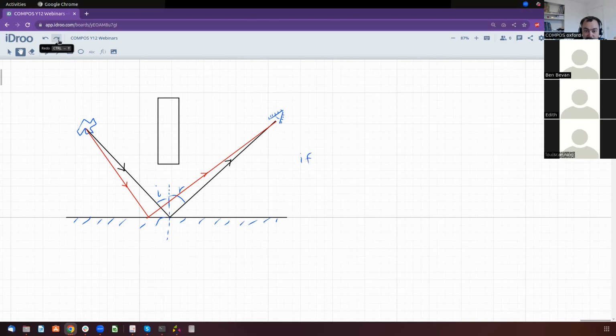Or in other words, if the angle of incidence is not equal to the angle of reflection, the light will take a longer time to travel. So light chooses, so basically I is equal to R because it is the shortest path. It is the quickest.